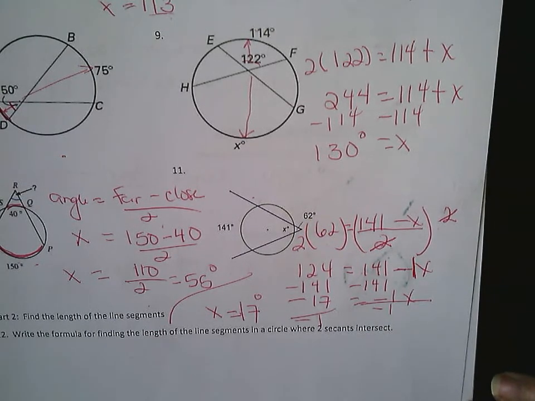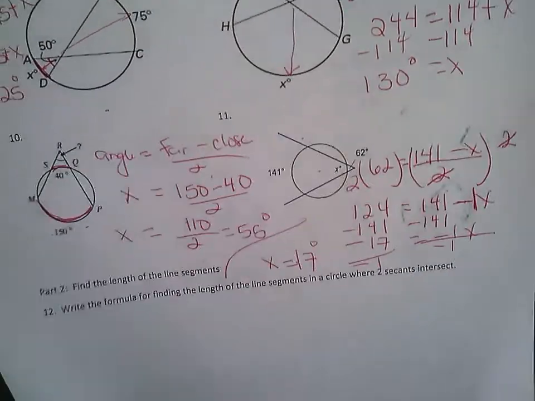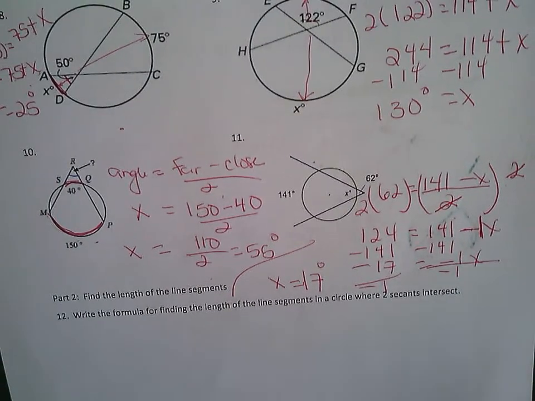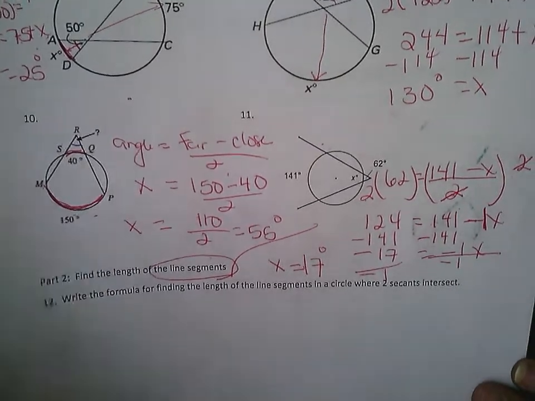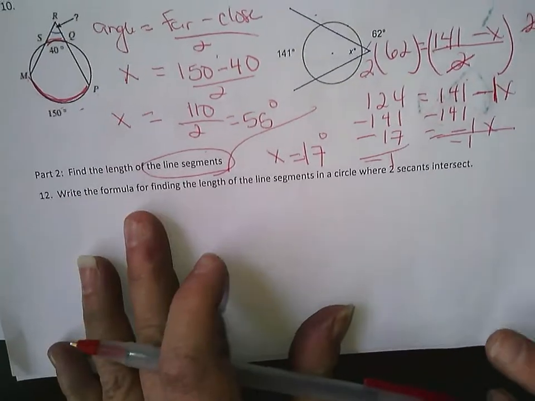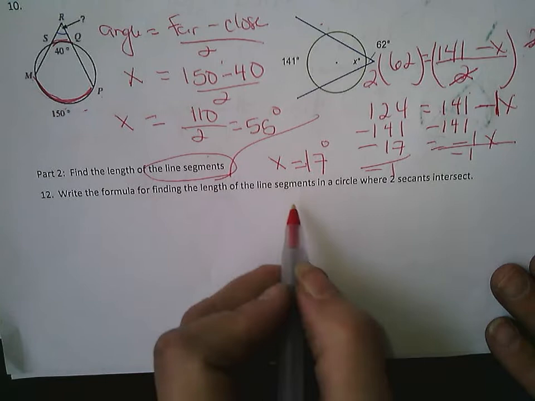So quite simply, that is the first step, our part 1, where we're doing our angle measurements or arc measurements. Part 2 is where we're going to have line segments. We have a formula for looking at two secants.